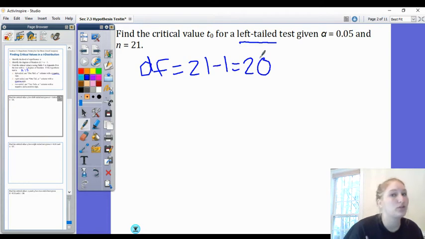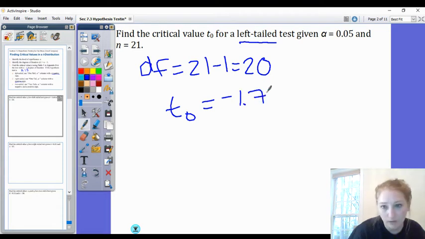Then I'm going to turn to page A18, and I'm going to find the alpha level of 0.05, and I'm going to go down all the way to 20. And if I do that, I see the number 1.725. But remember, since this is a left-tailed test, we need the negative version. So negative 1.725.